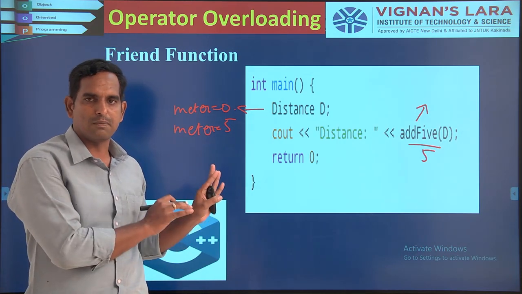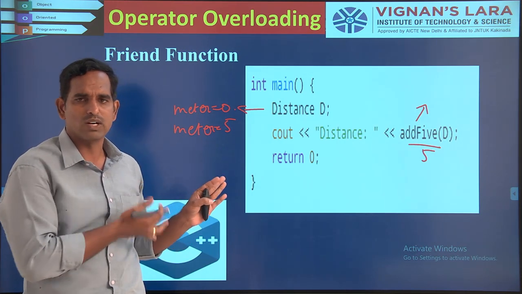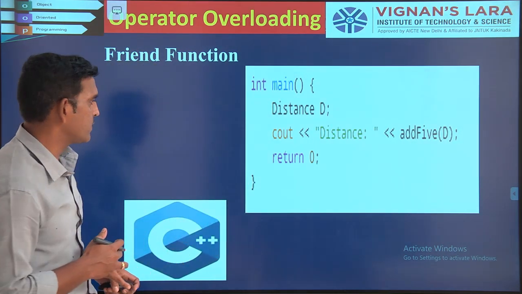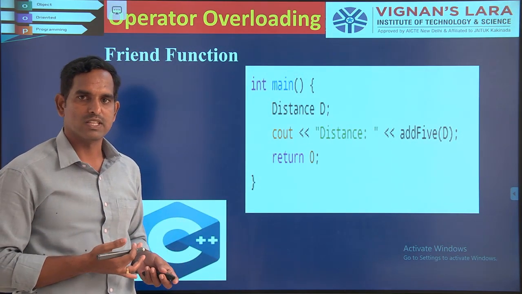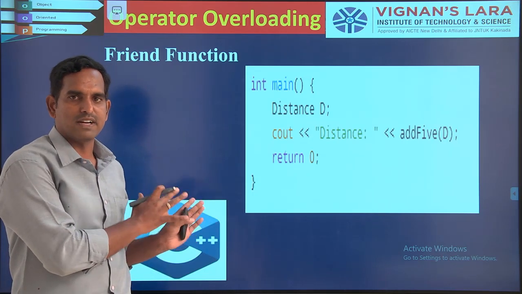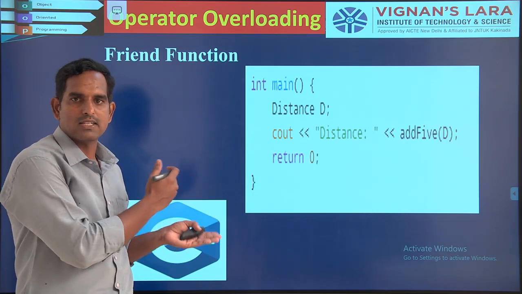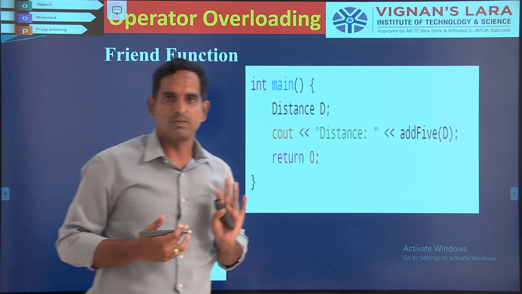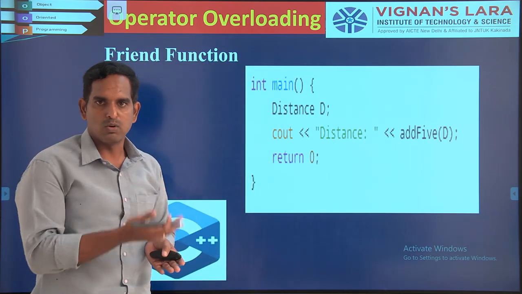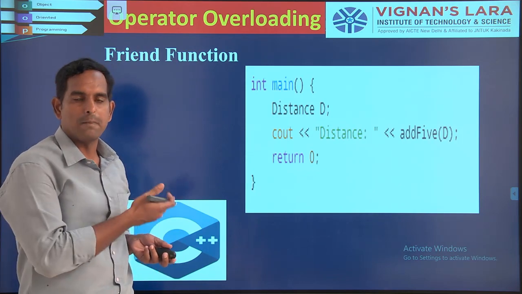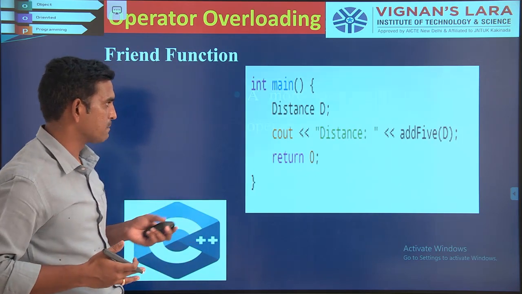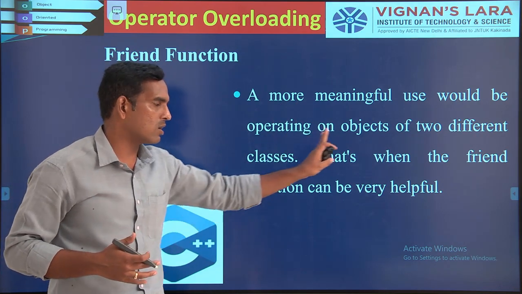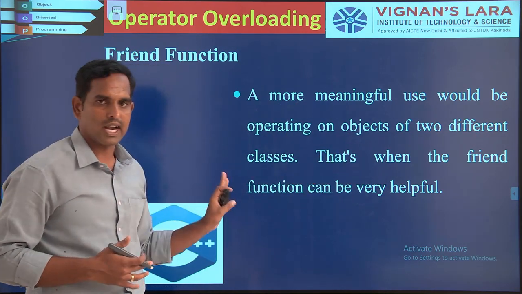These are simple operations with which you cannot understand the real use of your friend function. To better understand where you will be using friend functions: as you can understand, friend functions can be declared inside the class, defined outside the class, and called without any objects. But what is the more specific reason or better usage of a friend function? A more meaningful use would be operating on objects of 2 different classes.